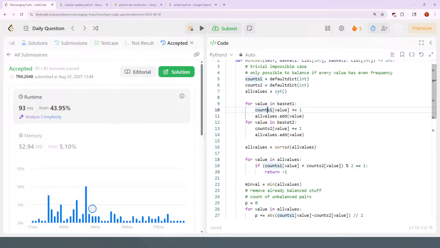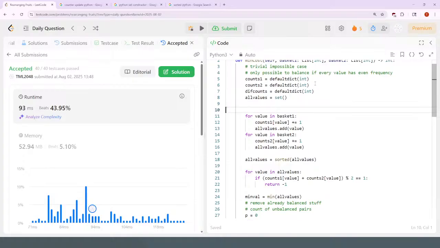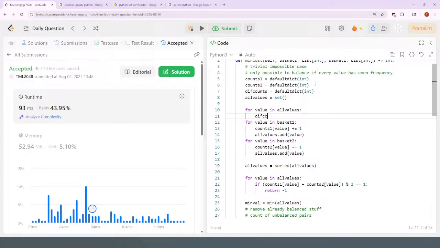So I think maybe I can just do a single counts that is the difference between them. Diff counts. So for every value in all values, the diff counts of this value is equal to the absolute value of counts 1 of the value minus counts 2 of the value.